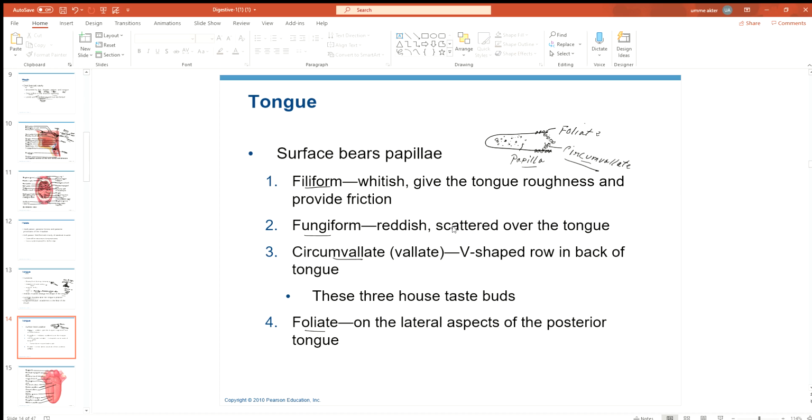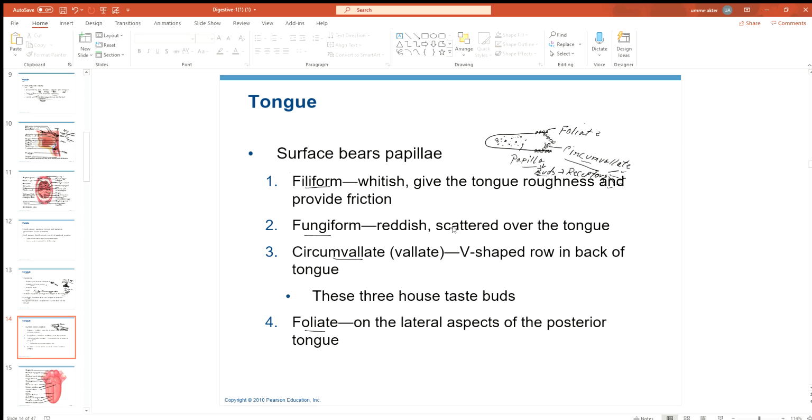All these papilla, inside the papilla, you have taste buds. And I mentioned inside the taste buds you have the taste receptors, right? Okay, and the receptors could be sweet, sour, bitter, or other tastes. So you have the receptors to taste different types of tastes.